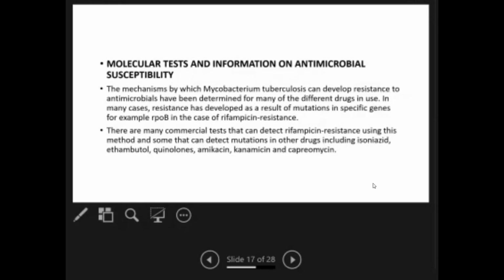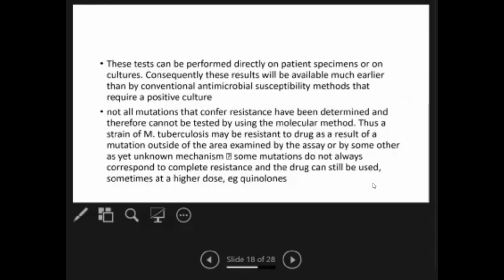With the invention of this molecular testing, which has the facility to give information on antimicrobial susceptibility also, we can get the results early, not only on the main first line antibiotics, but you can get results on second line anti-tuberculosis drugs also.